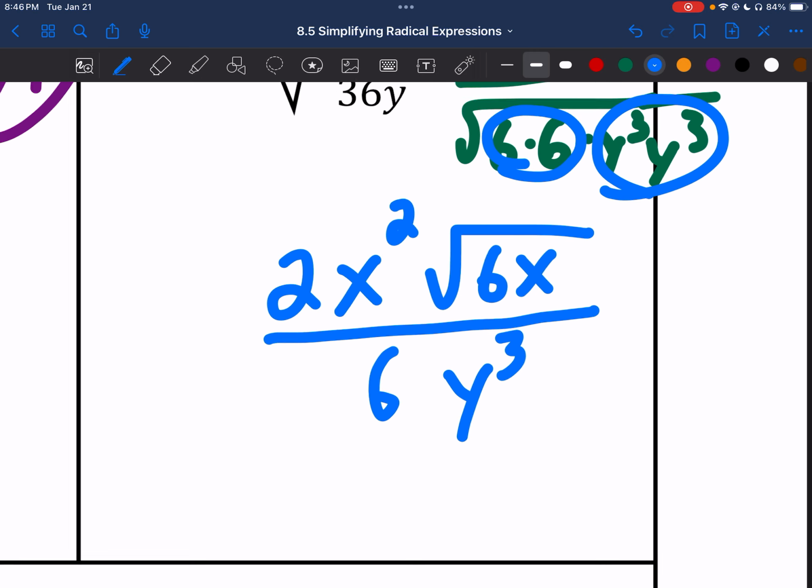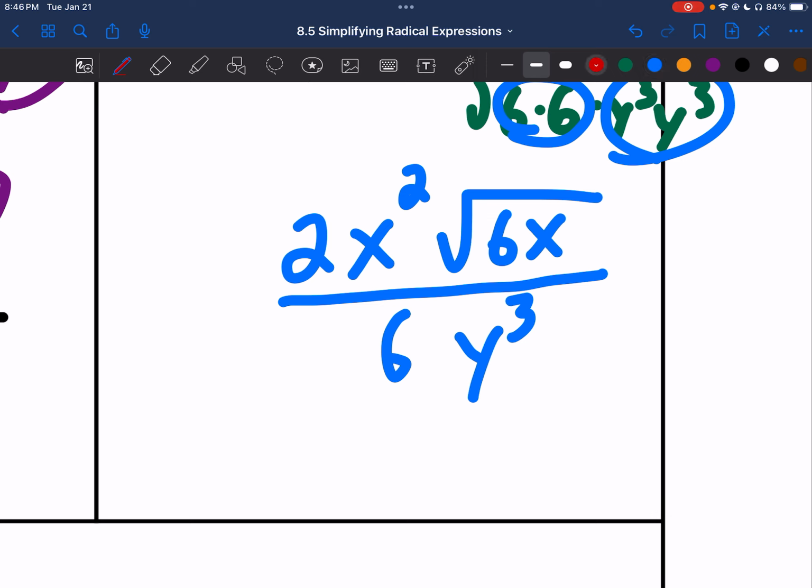And can I simplify that? I can. 2 over 6 reduces to 1 over 3. So it ends up being x squared times the square root of 6x over 3y cubed.